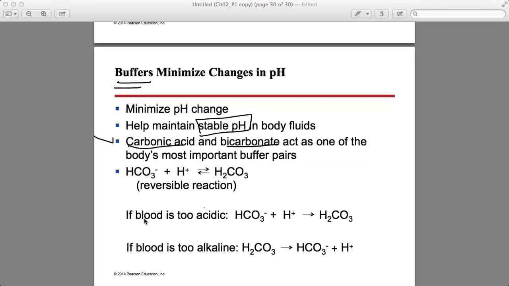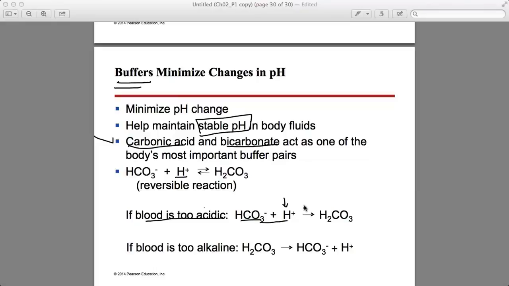Okay, so let's see. If the blood is too acidic, that means you're going to have a lot of hydrogen in there. So that extra hydrogen is going to react with carbonic acid and form bicarbonate.